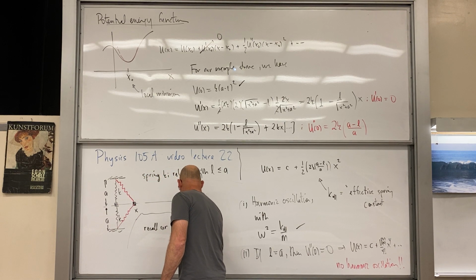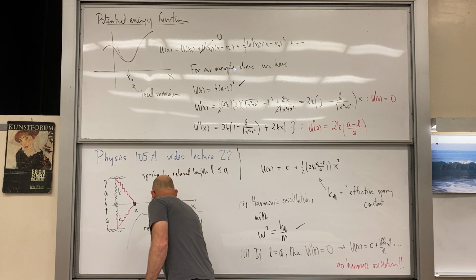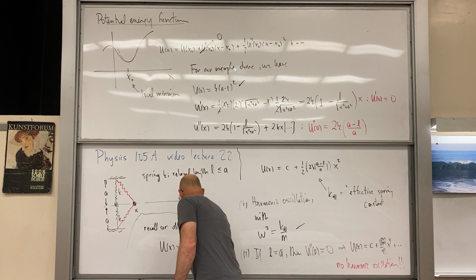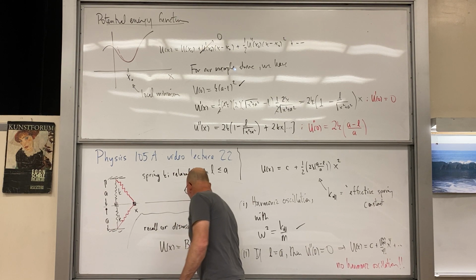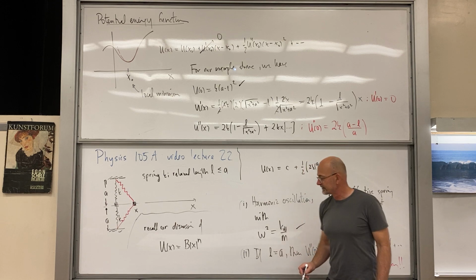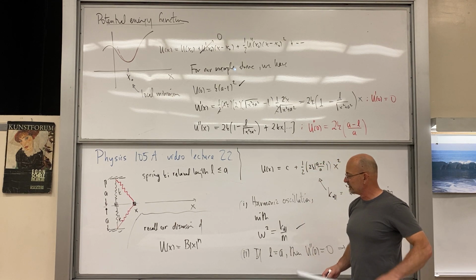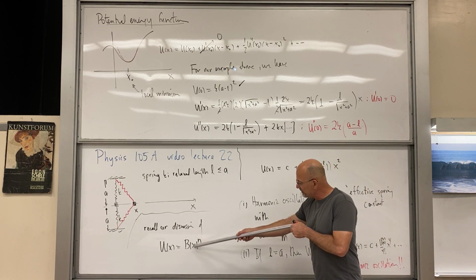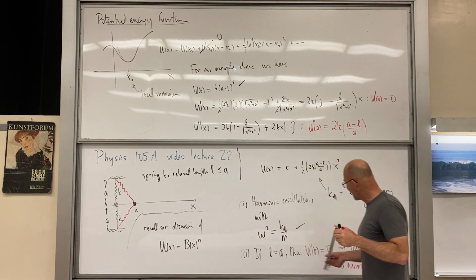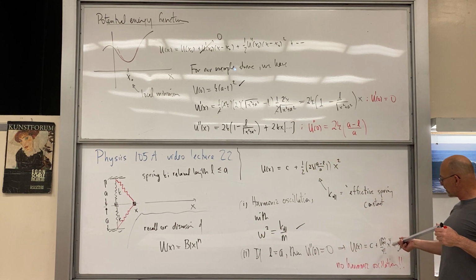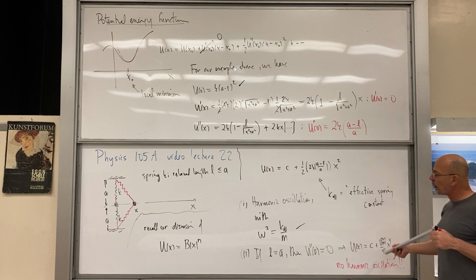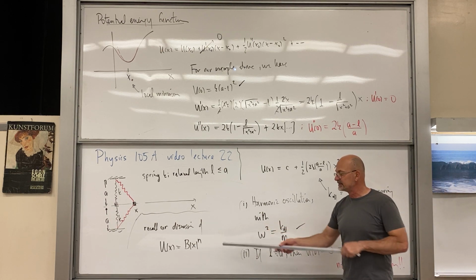You can look back in your notes of u of x equals b x to the nth power. So we had that general function x to the nth power, and in this case, our next approximation would be the fourth power, n equals 4.